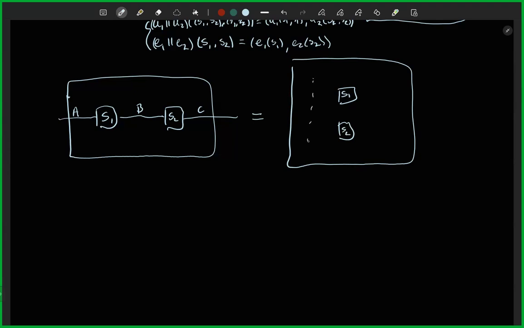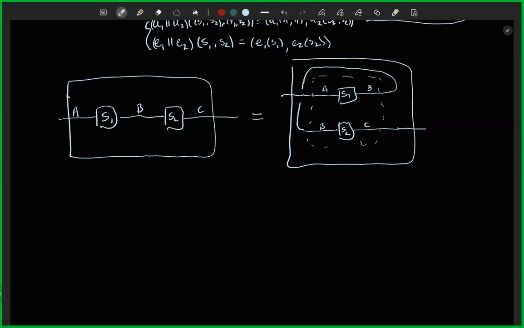And then we have an intermediate stage here, where first we do the parallel product. So this is A, B, B, C. And then we take the B here and we wrap it around all the way down like that.